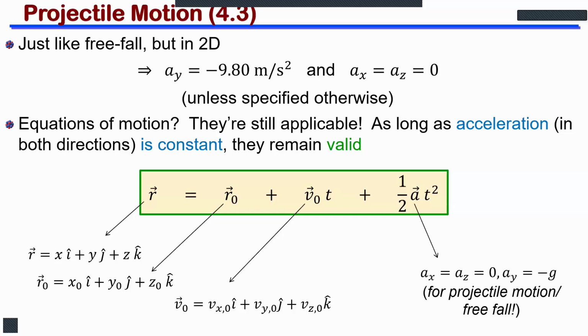And then here is where we have our acceleration vector. Again, for projectile motion or free fall, a_x and a_z are 0, while a_y is minus g. Remember, g is the magnitude of acceleration due to gravity, that's our 9.8 meters per second squared. The time here is common to all the components of this equation.